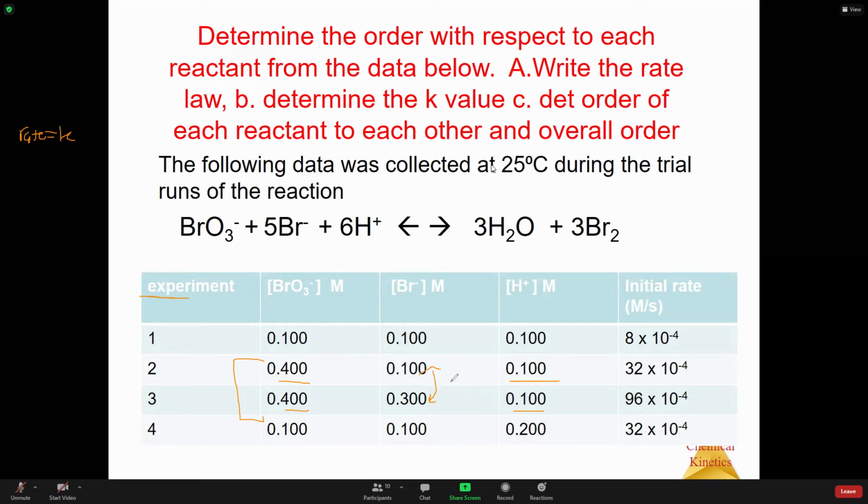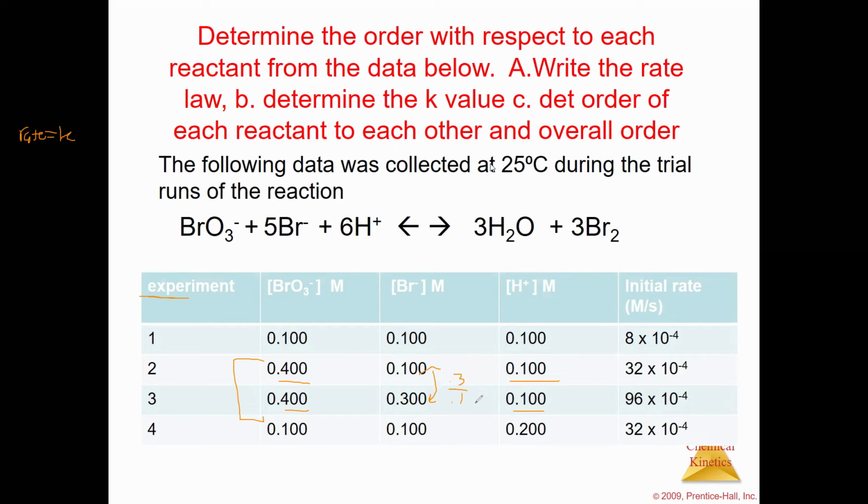So let's do 0.3 divided by 0.1. So that's 3. Actually, I'll just do this. So for this one, we have 3 to the x equals 96 divided by 32. 10 to the 4th cancels, right?